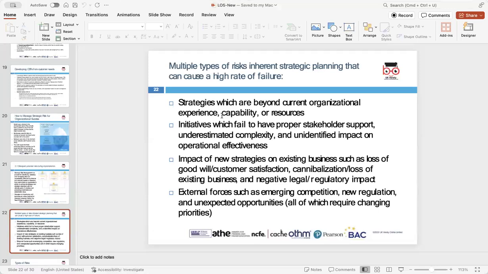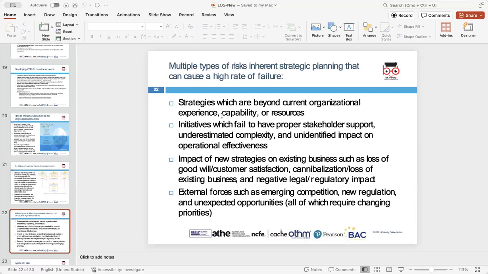Challenges of implementing new strategy. Certain strategies may be beyond an organization's current experience, capability, or resources. These strategies often face unique challenges that can hinder their success.